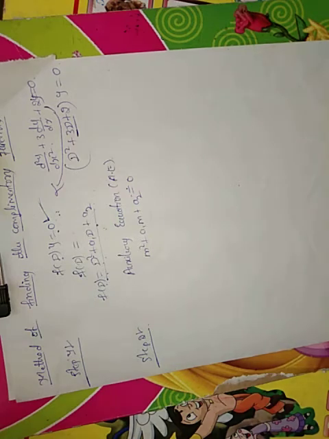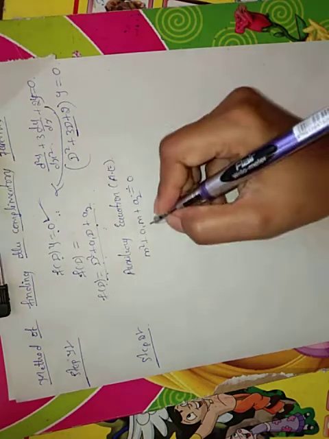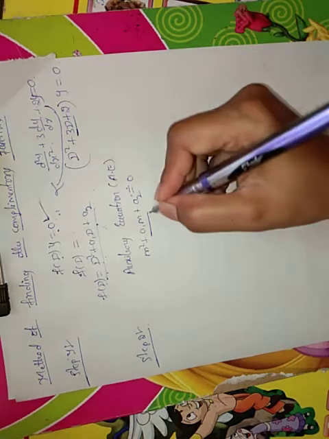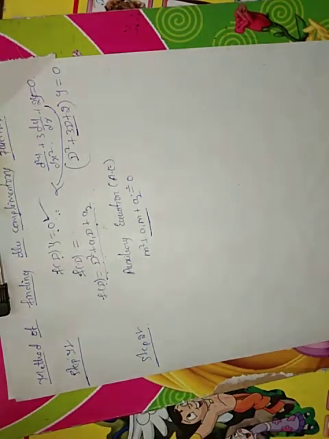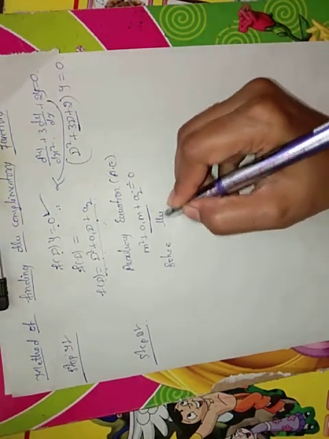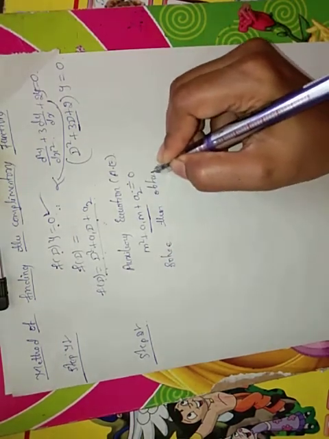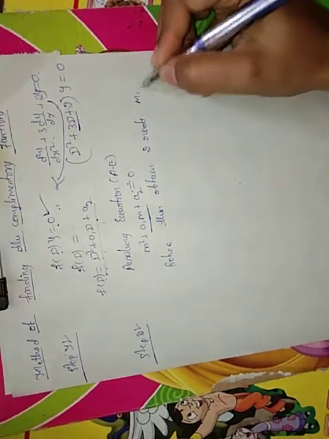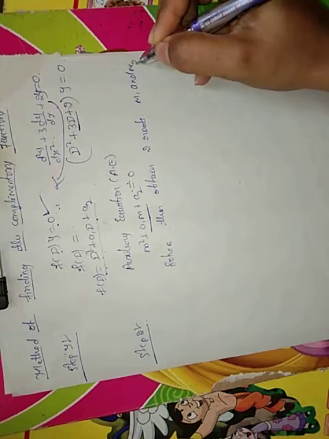After that you have to solve this auxiliary equation, considering it as a quadratic, and obtain the roots. Suppose it is quadratic, you will obtain two values of m. Those are called the roots. Solve this equation and obtain the two roots, in general m1 and m2.